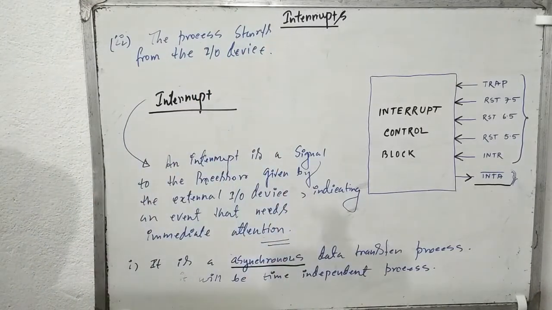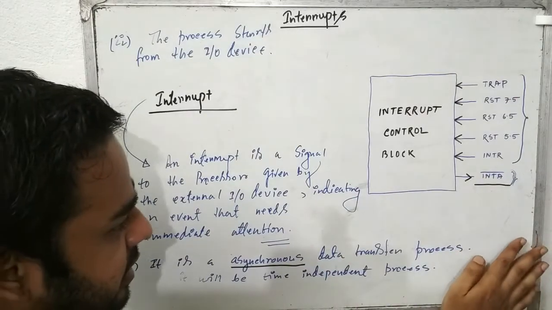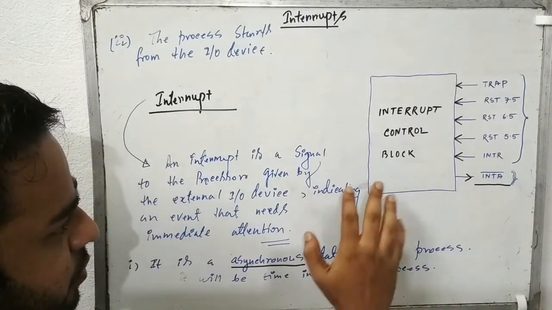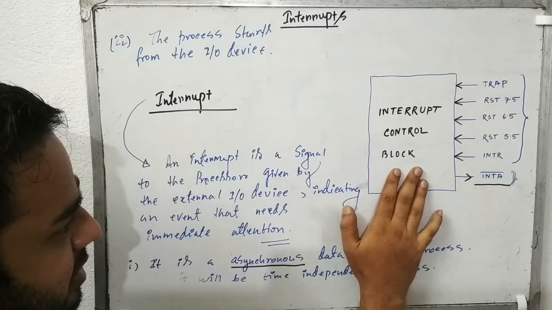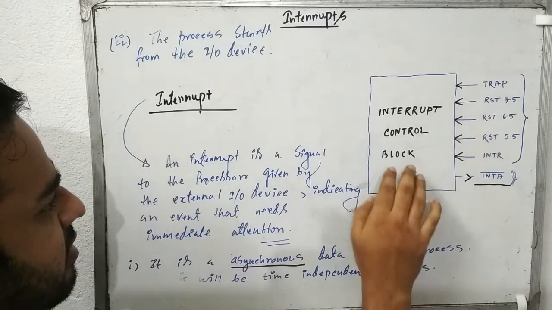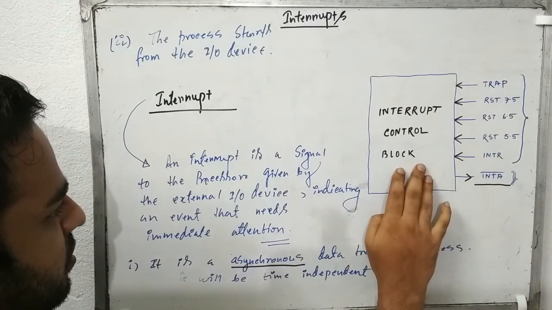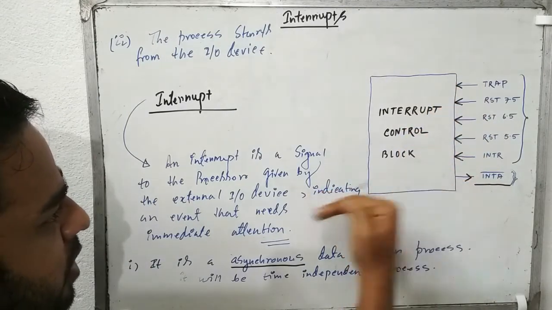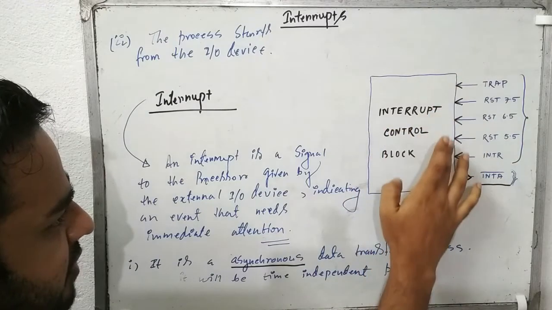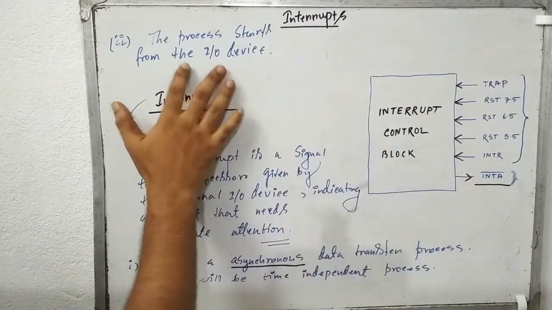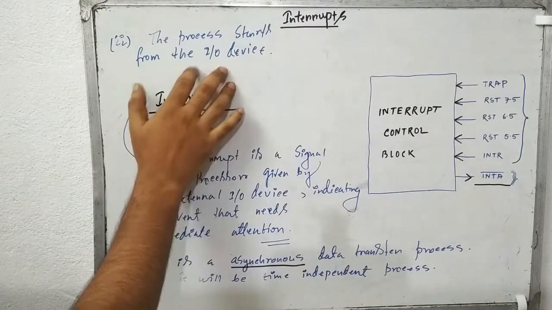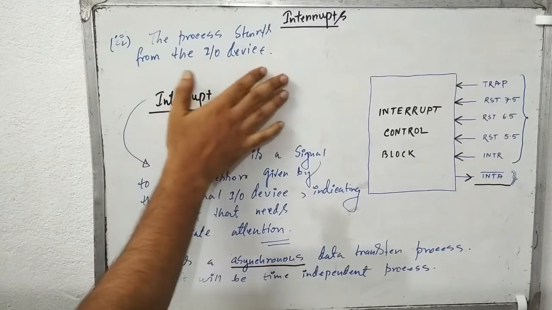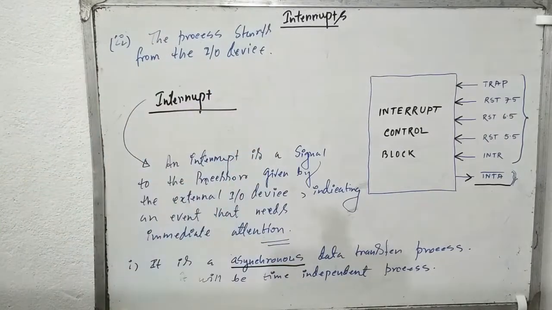That means when the IO device is ready to transfer the data to the microprocessor, at that moment it will send the interrupt request to the microprocessor. So that's why the pins are all inward to the microprocessor, that you can see, all the 5 pins. So that's why it says here that the process always starts from the IO device.